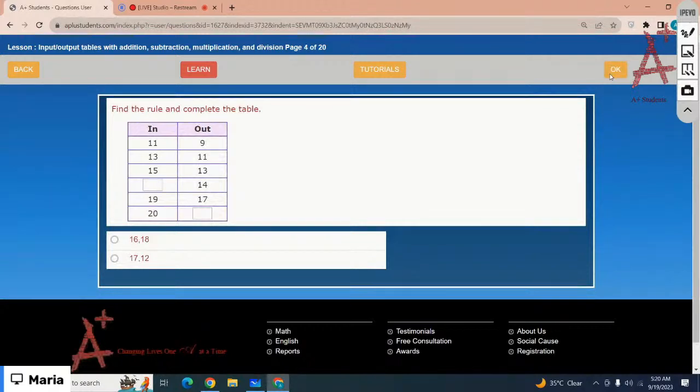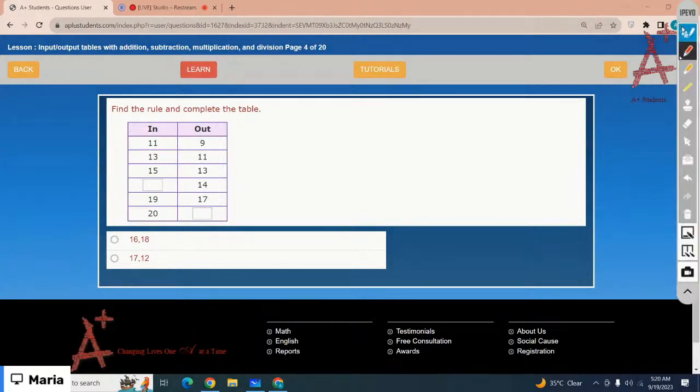Find the rule and complete the table. Output values are decreasing, right? You can check for subtraction. 11 minus what number equals 9? 13 minus what number equals 11? 15 minus what number equals 13?